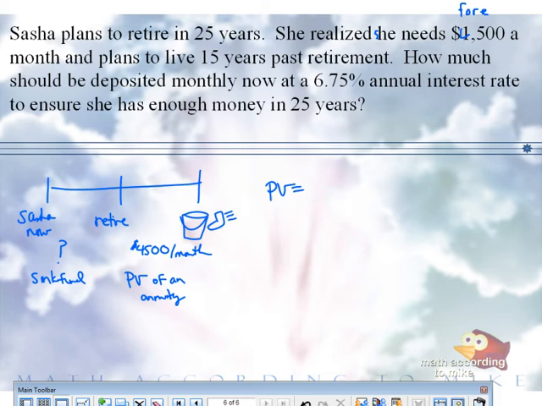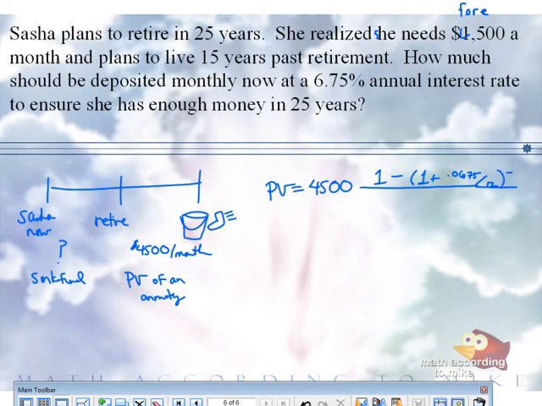And I don't have to explain this picture to anyone, do I? So present value, bucket sock, is equal to the payment PMT times 1 minus the quantity 1 plus 0.0675 a month, to the negative.